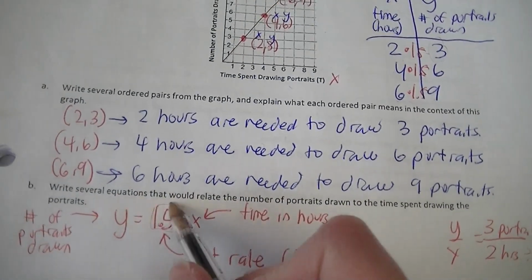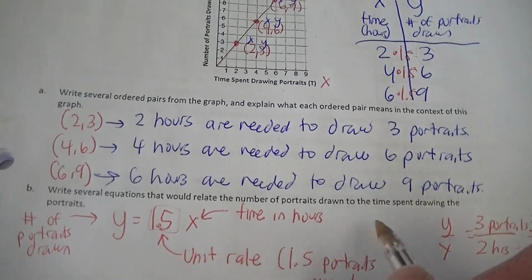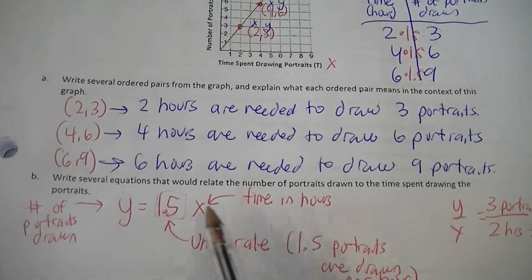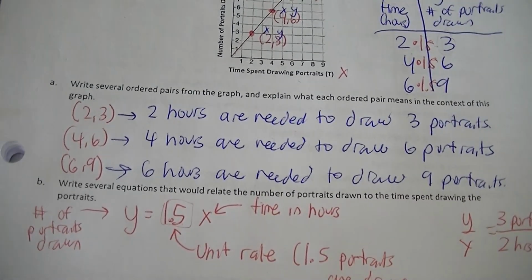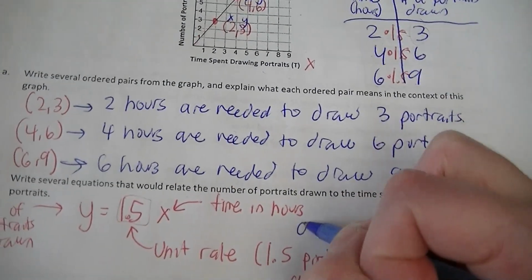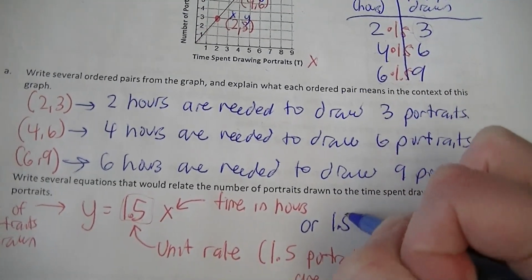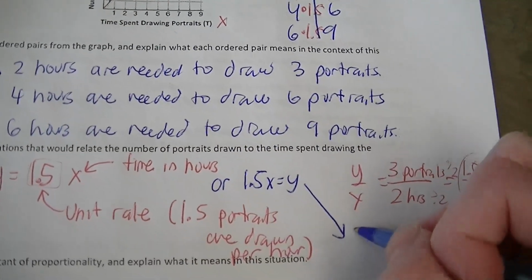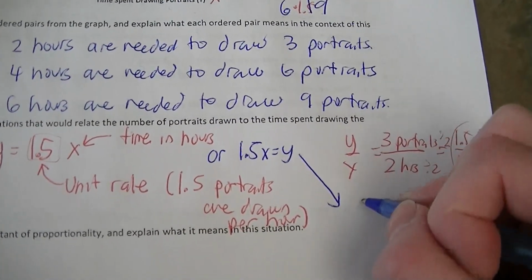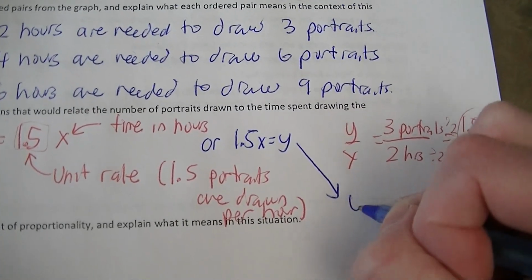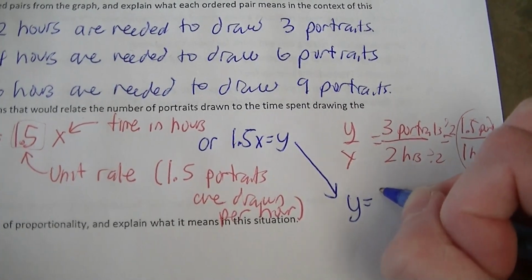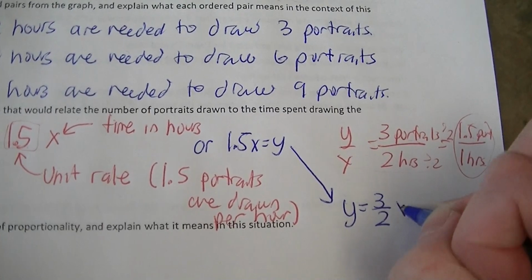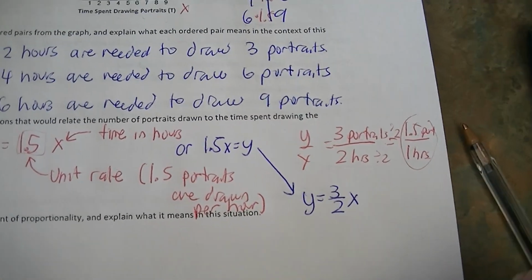But it says write several equations that would relate the number of portraits drawn to the time spent drawing the portraits. So I can write it like that. I can also write it like this: 1 5/10 x equals y. Or if you know what 1 5/10 is as a fraction, that would be awesome too. y equals 3/2 x, because 1 5/10 is actually 3/2.